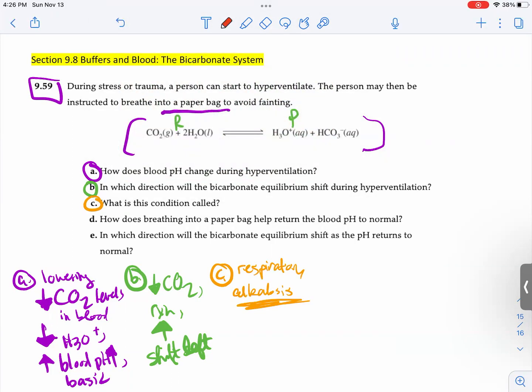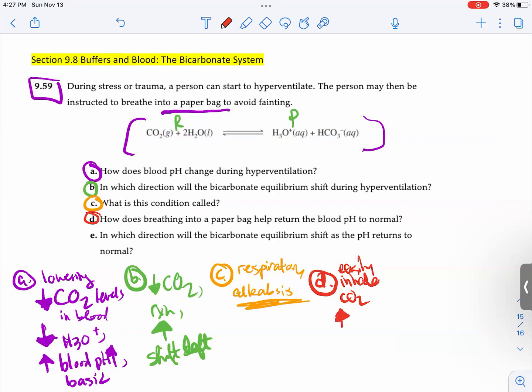So D, how does breathing into a paper bag help to return pH to normal? It helps us to more easily inhale CO2, right? Because that's what you exhaled. So you'll just inhale the CO2 again.